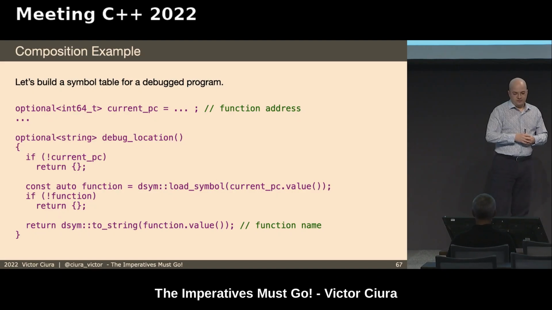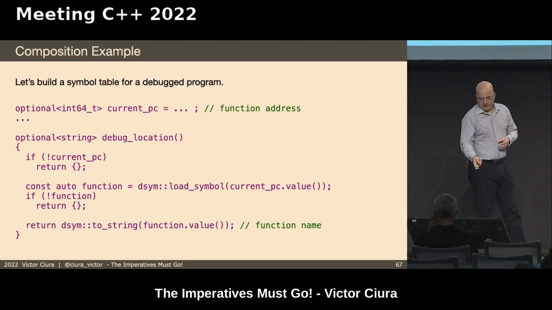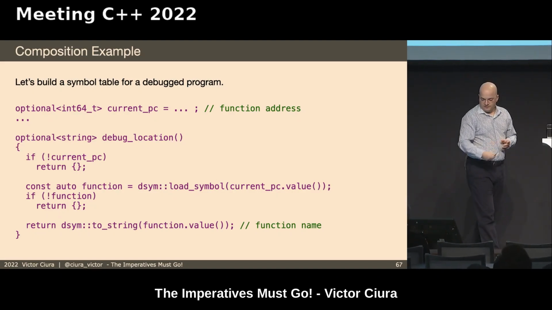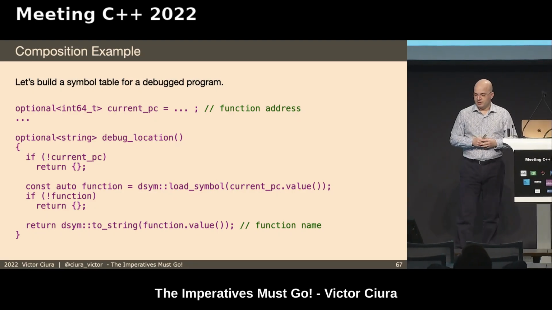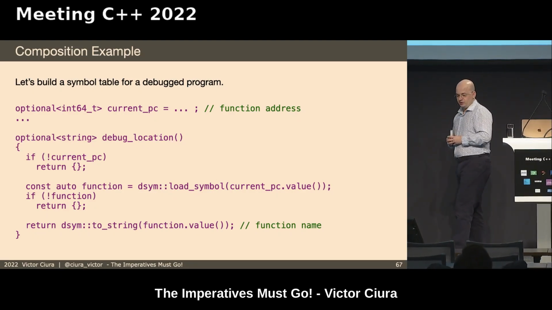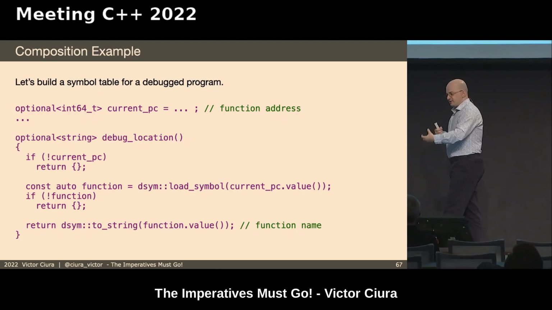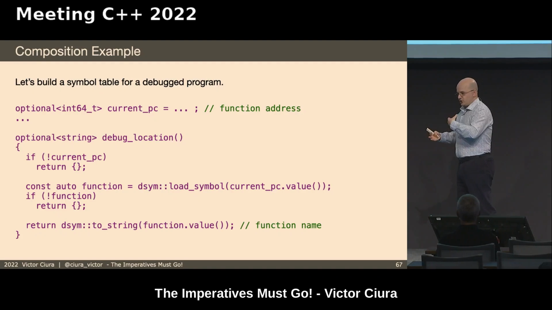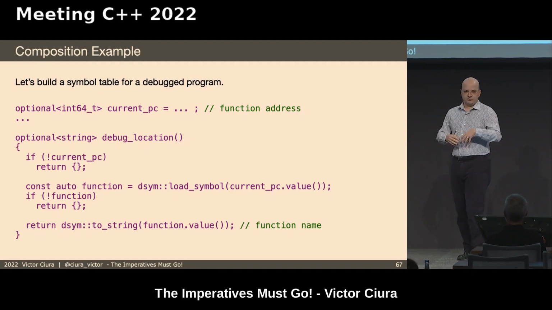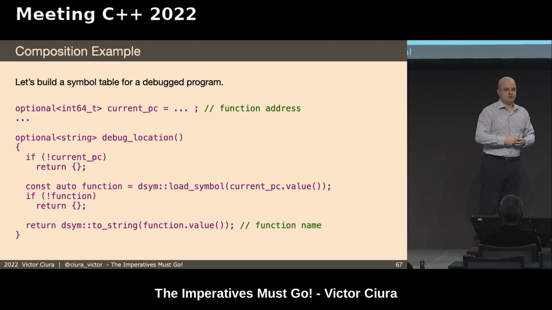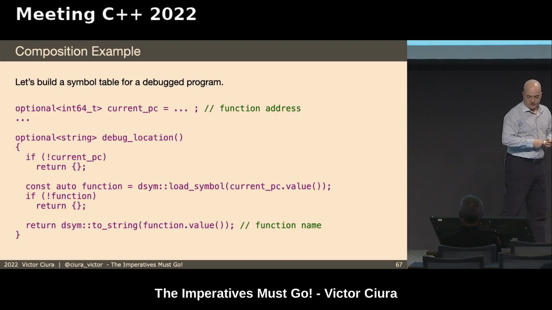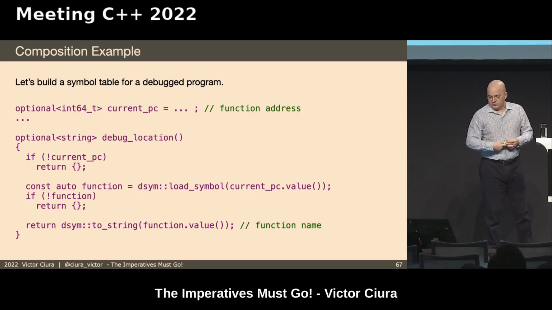So we might have an API that loads a symbol. So for a given program counter, it gives us a symbol. And then we want to transform that symbol, which might be some internal structure that we represent in the debugger, into some presentable information to the user, like a string, a friendly display string.